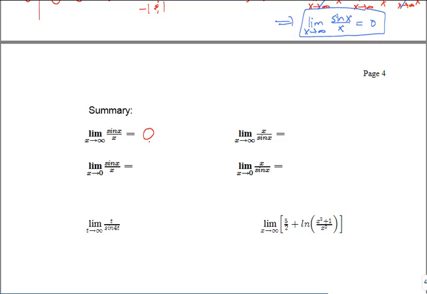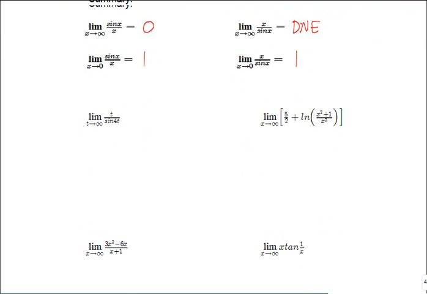And what's the reciprocal of 0? Well, that would become 1 over 0, which is undefined. So this reciprocal limit turns out to be DNE. And then these two limits down here are the ones we've done in a previous lecture. The limit as x goes to 0 of sine of x over x we found was 1, and the reciprocal of 1 stays 1. So that also has a limit as well.